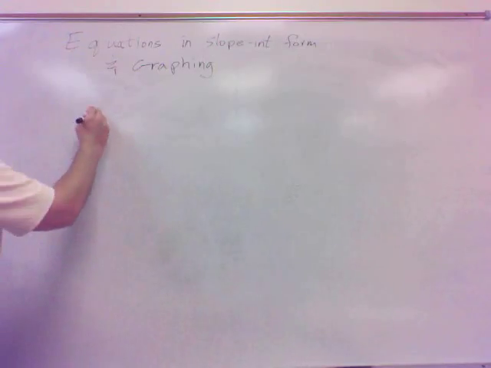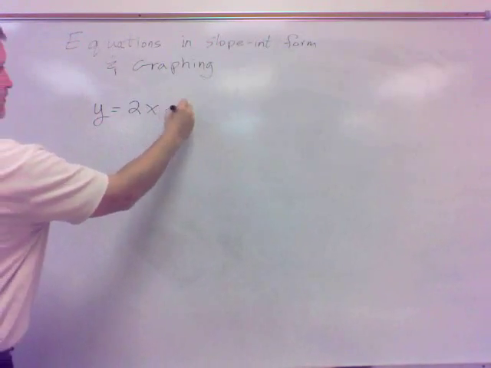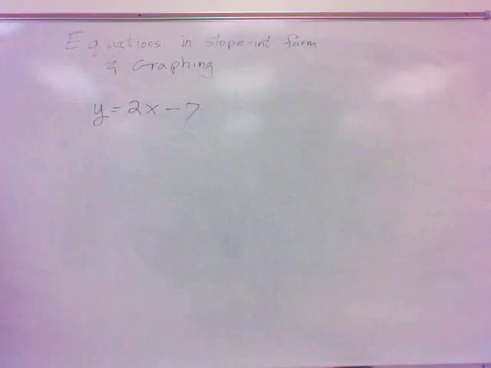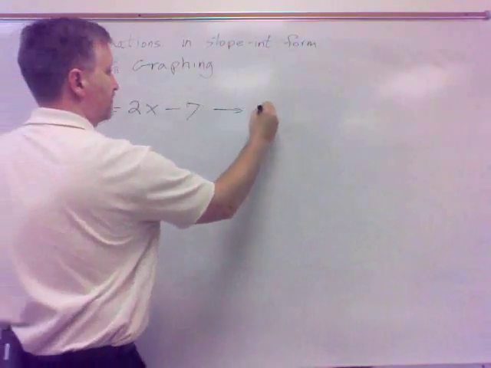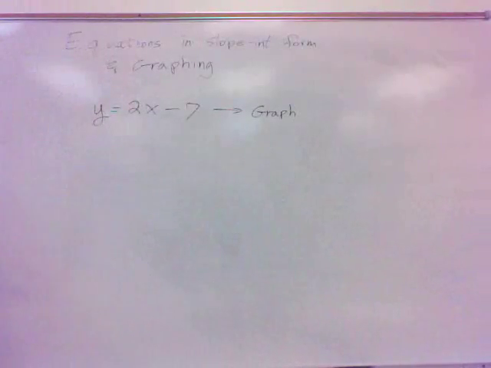But what if our equation is in slope-intercept form and we want to graph it? Let's think about another way of doing that with what we've talked about just recently.